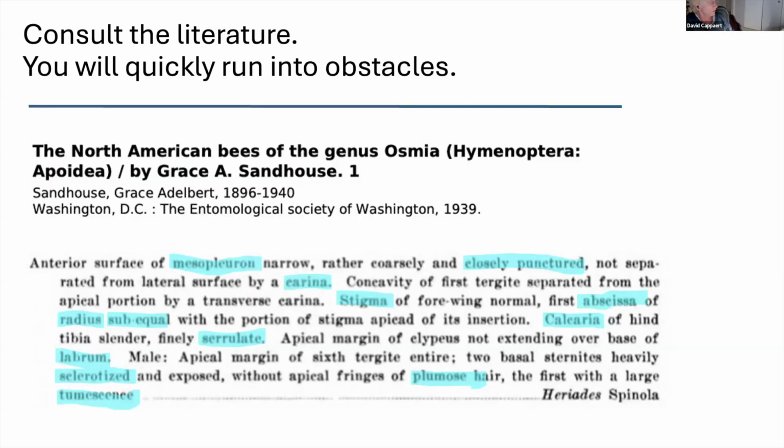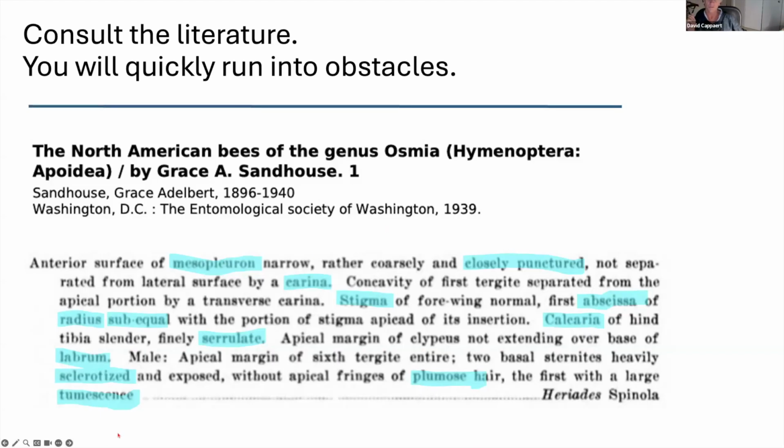One might be, there are other options, but there's a lot of times when you do need to go to something like Sandhouse 1939. So this is the key that has a whole bunch of fancy words in it. And I just highlighted ones that people might not be able to define really clearly, or might have no clue about.